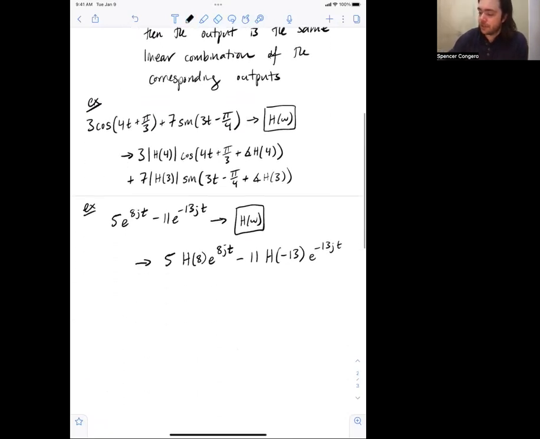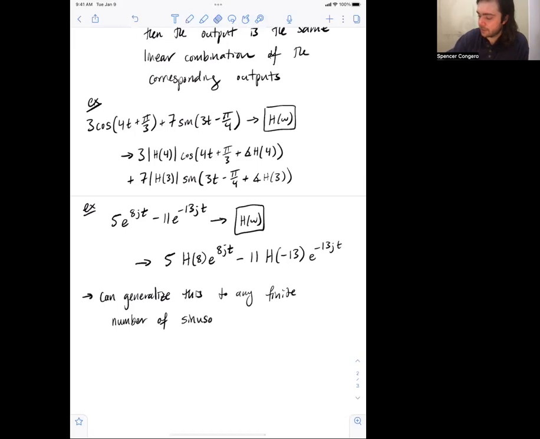All right. So this process, we can generalize to any finite number of sinusoids or complex exponentials in some linear combination.